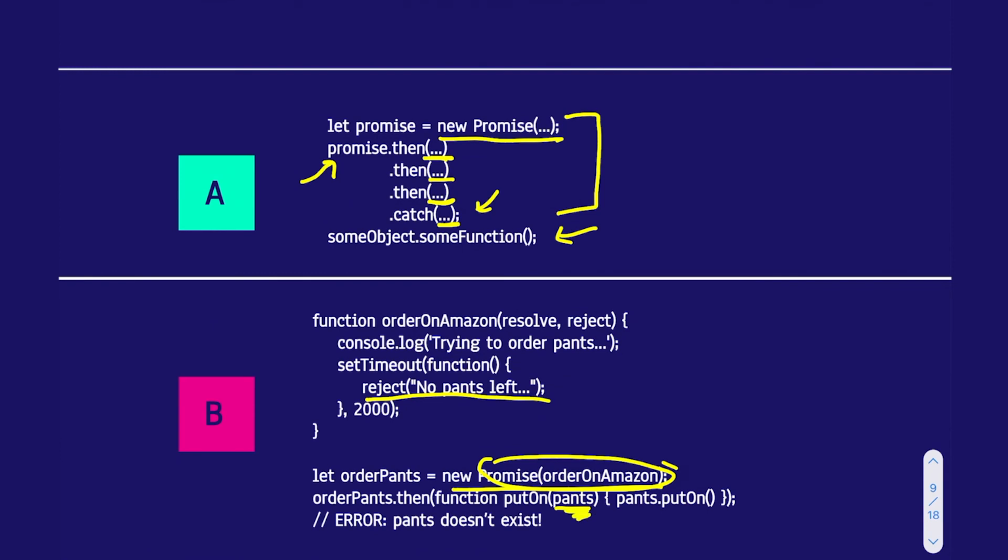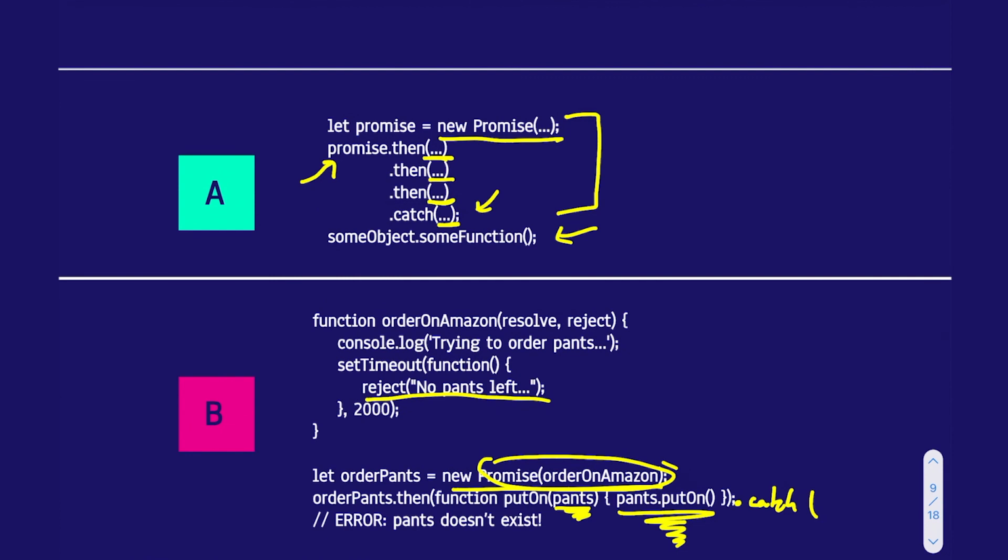So then, we don't have a .catch after this .then, so it's not going to catch that error. So it's really just going to crash as soon as we try to put on these pants that are non-existent. So if we had the catch, it would have caught that error, and we could have printed out something like the pants don't exist.